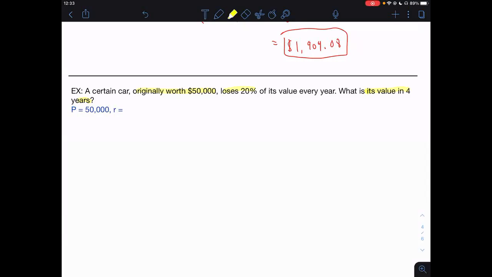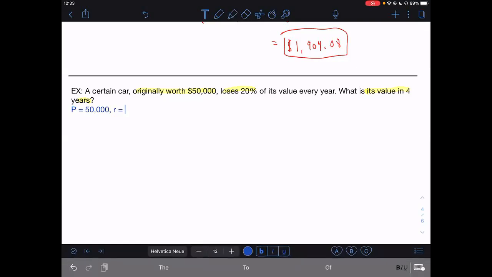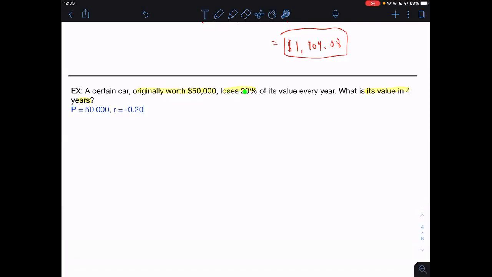It's not growing, it's losing its value, which means our interest rate is not just 0.20, it's going to be negative 0.20. Negative interest rate, because in this case, we're losing money. Negative 0.20 will be our annual interest rate.